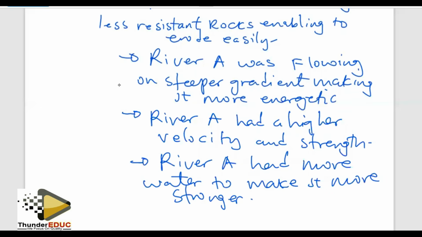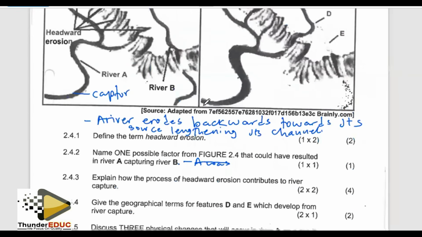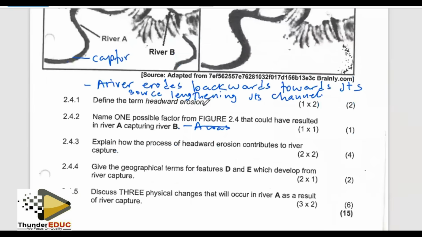So these are some of the factors that could have resulted in river A capturing the other river. Okay. Question 2.4.3. Explain how the process of headward erosion contributes to river capture.